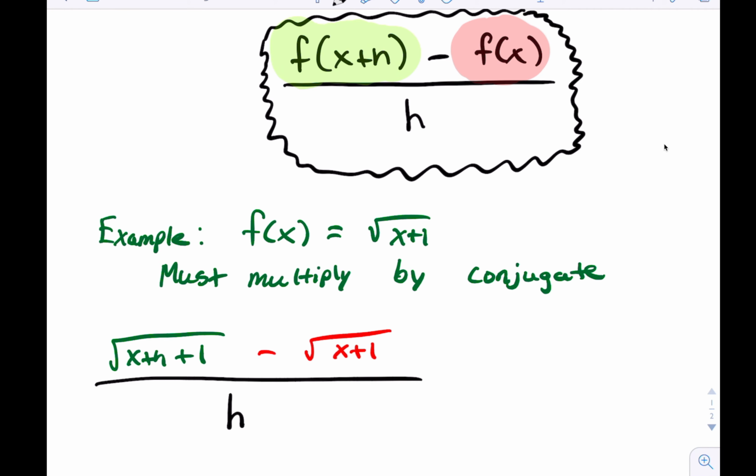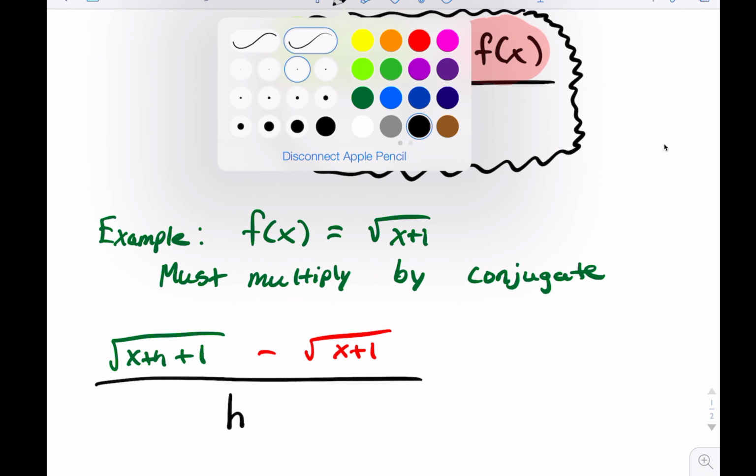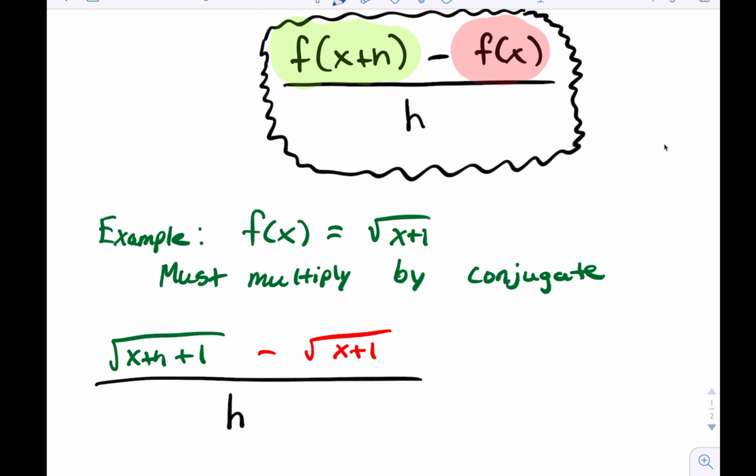All right, so again, we need to multiply out by our conjugates because we're trying to get these square roots to eliminate. So the conjugate now of the top is going to be the square root of x plus h plus 1 plus the square root of x plus 1.